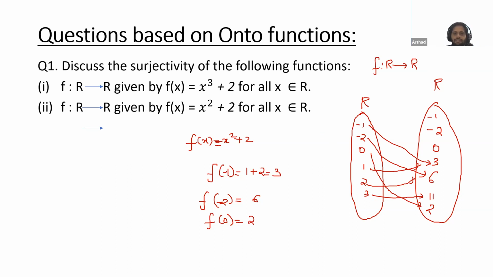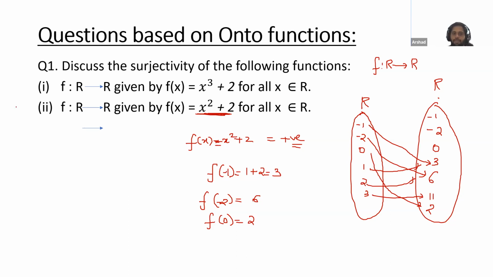So in place of x, if you put any negative or positive value, you will always get a positive answer. So that means in the set B, if you have some negative number, then the negative number does not have a pre-image in set A. So that means this is not an onto function.